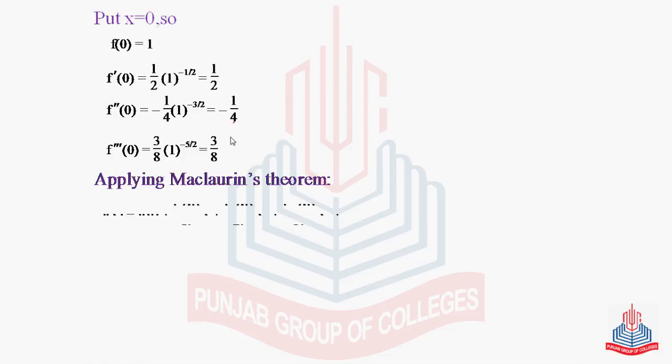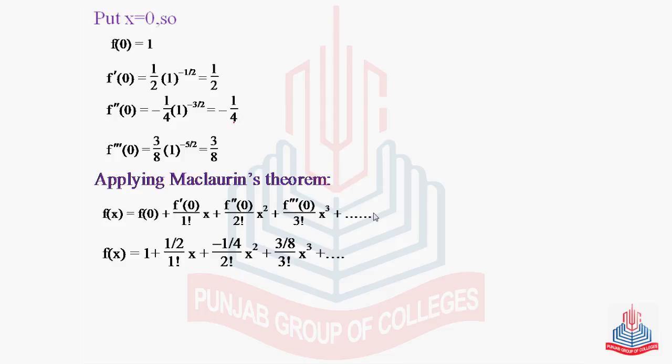Applying Maclaurin's theorem, write the statement of Maclaurin's theorem, which is f of x, f of 0, f prime of 0, f double dash 0, the third derivative, and in the denominator 1 factorial, 2 factorial, 3 factorial, multiplying to the terms x, x square and x cube up to so on.